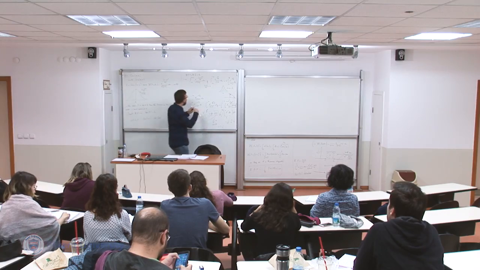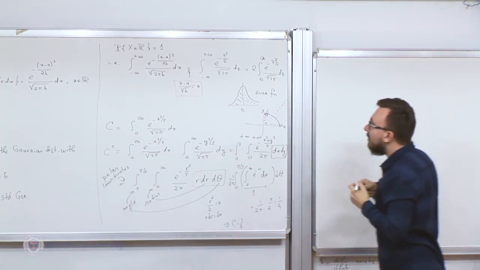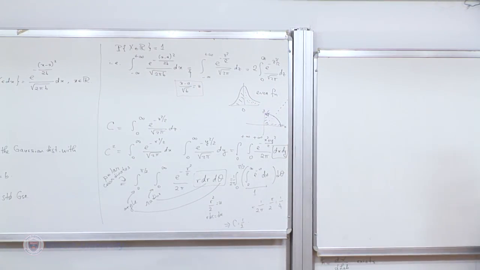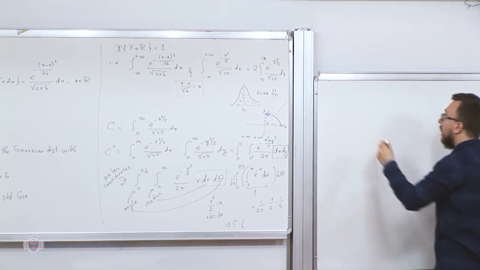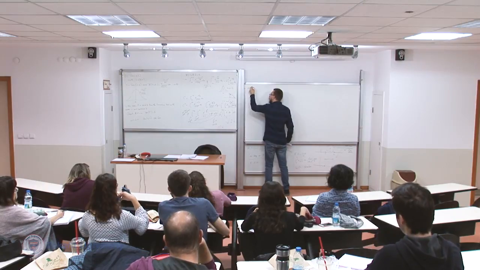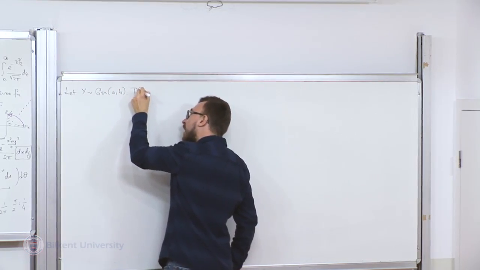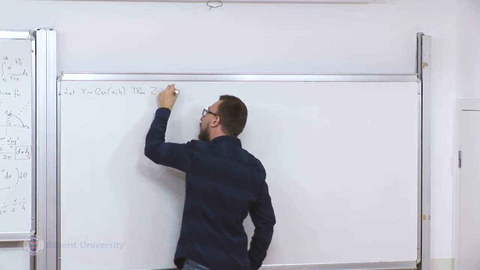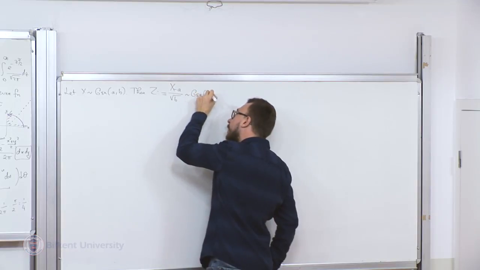If you look at the trick that we did here to get rid of the mean and variance parameters, this is actually a general trick. So in general, let x be Gaussian a, b, then if you define z to be x minus a over square root of b, this is Gaussian 0, 1.